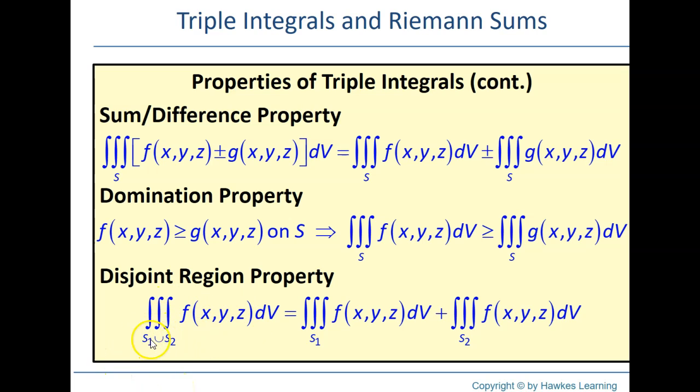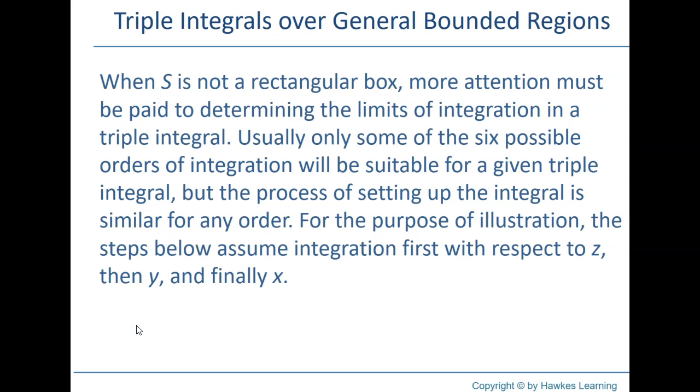This is just the union of two subregions, and this is splitting it apart over those subregions. So in Calculus 1 with single variable integration, this is the area to the left of the asymptote, this is the area to the right of the asymptote, and so we're splitting it up and adding those two areas together. It's just again a higher level version of that same property.